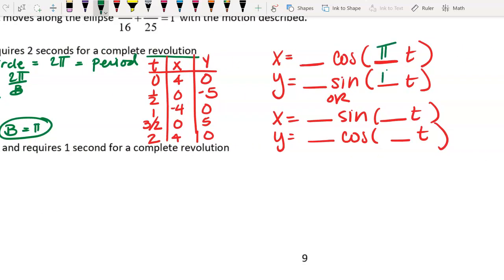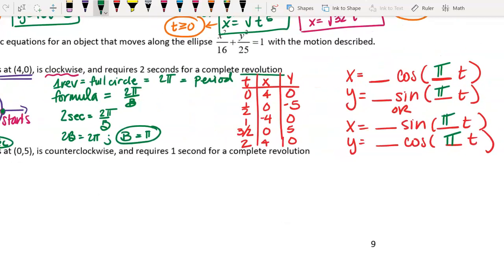Whatever you use, for this one, it goes in there. Okay, it's just pi. Sometimes it's 1, sometimes 2 pi, sometimes 4 pi, sometimes half a pi. Does that make sense? It doesn't have to have a pi. It can be just a constant number. So we have to decide, is the first set or the second set applicable for part A. So if you look at the chart, at the beginning of time, x is 4 and y is?